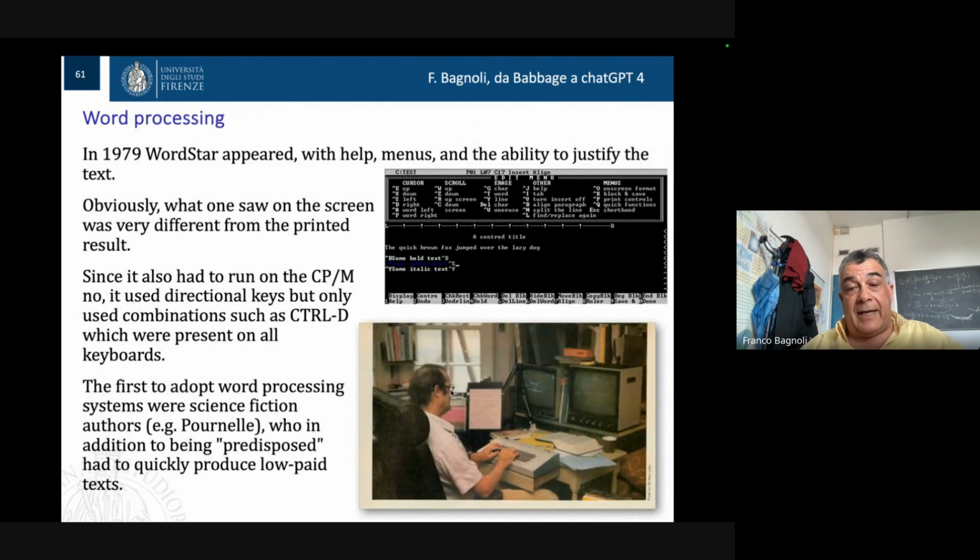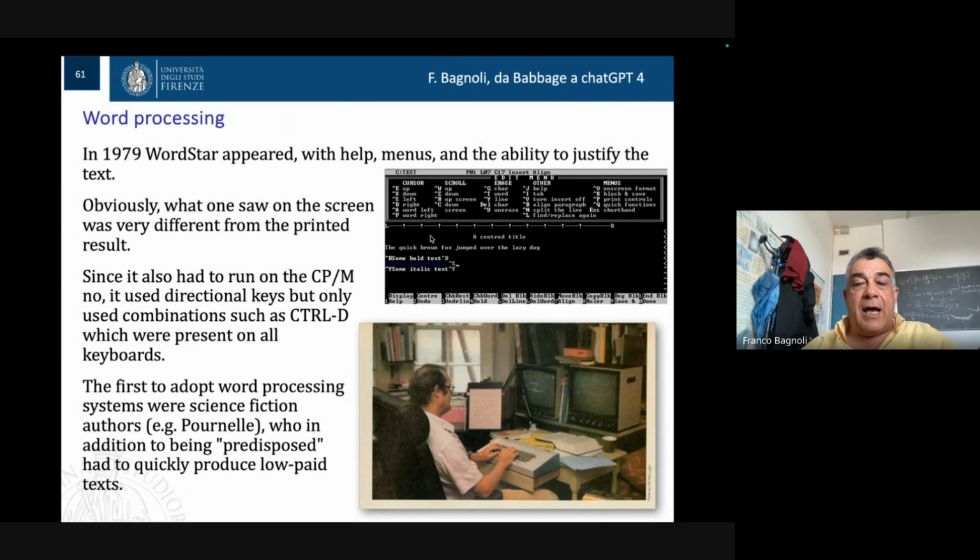And again, this lasted for some time because in the meanwhile, programs for dealing with text, and then also spreadsheets, started to appear for home computers, for instance, the Commodore 64 or like this. And clearly, they had to find a way, everything was new at that time.